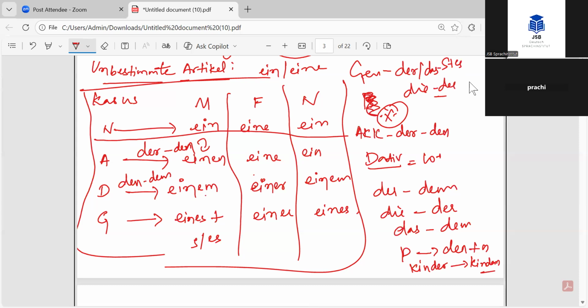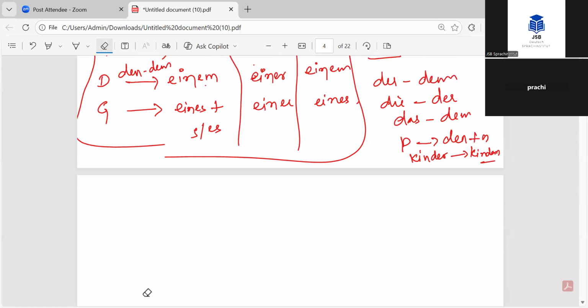Okay, any doubt? Okay. So everything okay. Why in the genitive case can we add s or es? We are talking about position, belonging.